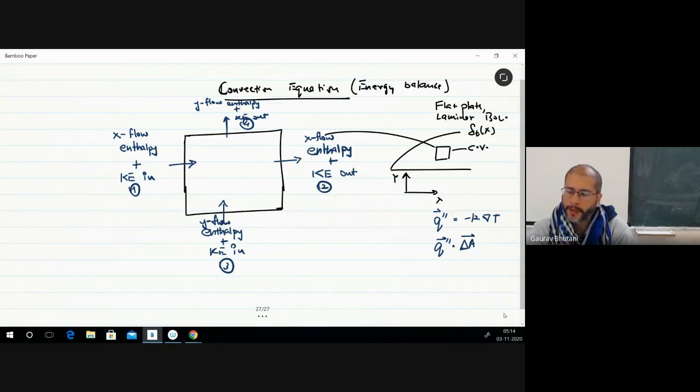So we won't even talk about conduction in the X direction. We call this number 5. And then we have heat conduction out, that is number 6.